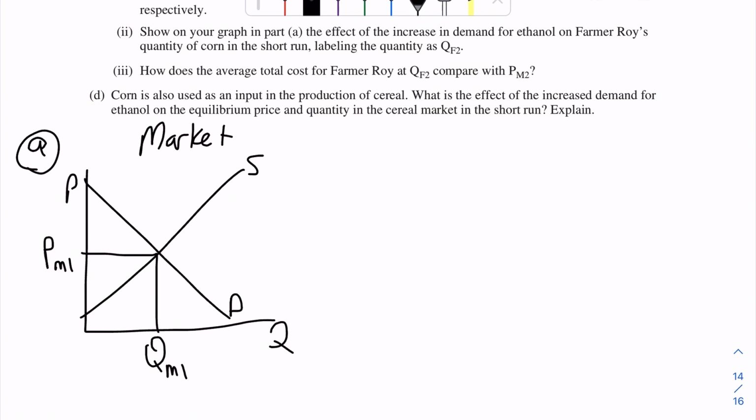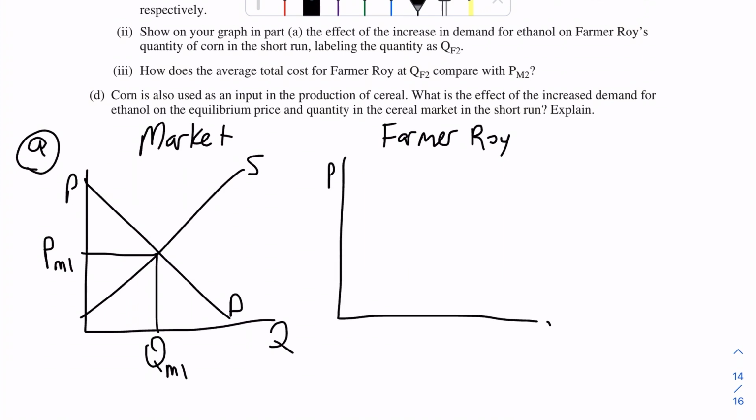So for Farmer Roy, we'll be doing price, quantity, and he takes this price here. So what you can do is little dots that say this is your P_M1 and that's your demand.